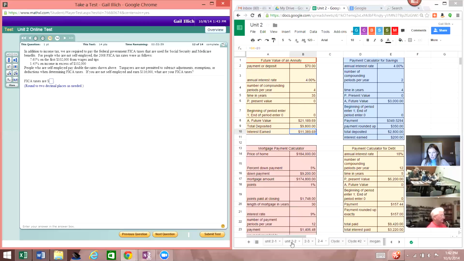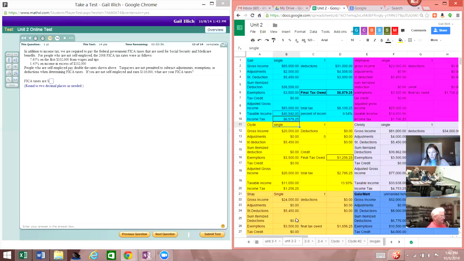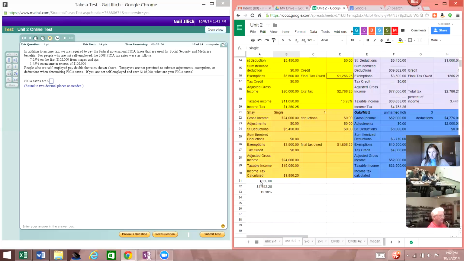So if you want, you can put this in 2-2, but you can do it anywhere. Maybe we'll make a little thing here. Let's say tax rate up to 102,000.